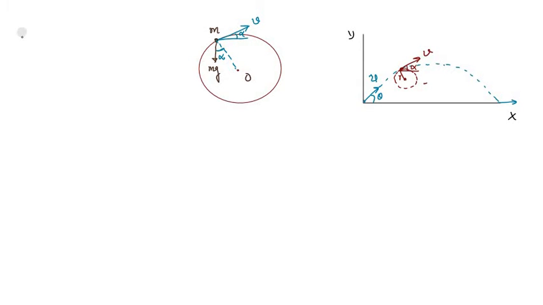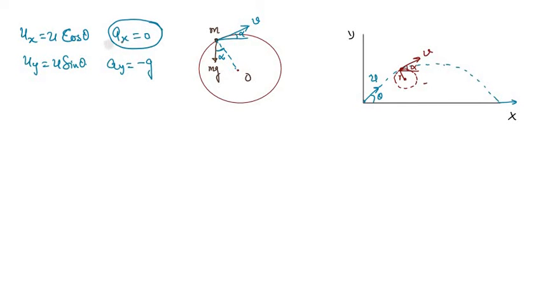So again, write the equations of motion. Ux will be u cos theta. Your uy will be u sin theta. Your ax will be again 0. Your ay will be minus g. Since ax is 0, we can again imply that your vx is equal to constant. Your x velocity at any given instant of time is constant. So this velocity v will be something that we don't know, but we know at this given instant of time its x-axis velocity is u cos theta, that is nothing but vx.